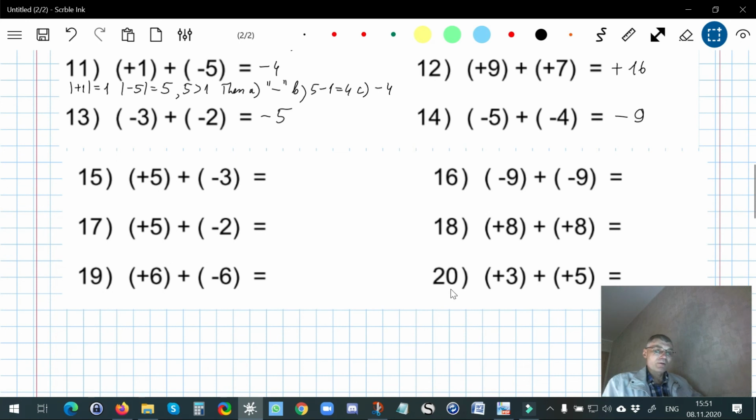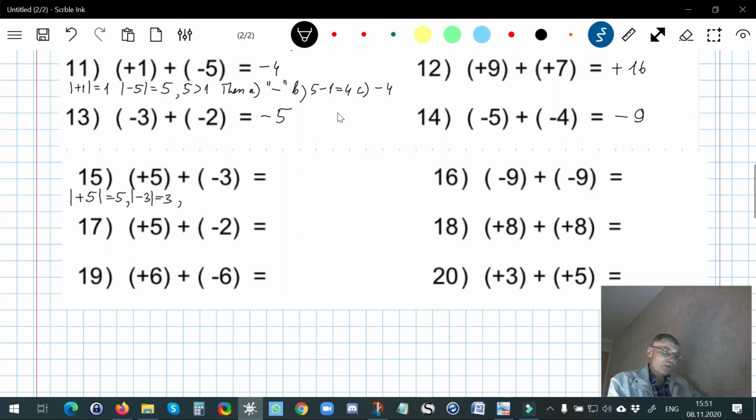Alright, number 15. Both signs are different. So first I calculate. First I change my pen into black ink. So the absolute value of positive 5 is 5. The absolute value of negative 3 is 3.